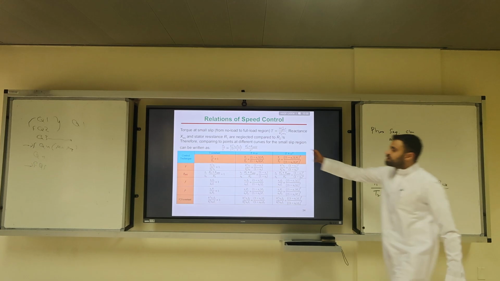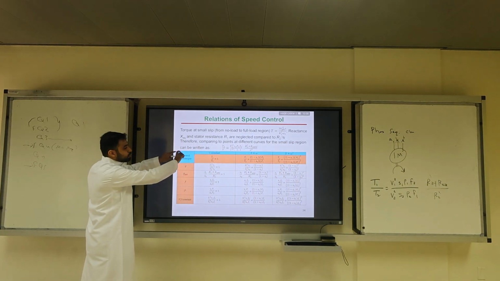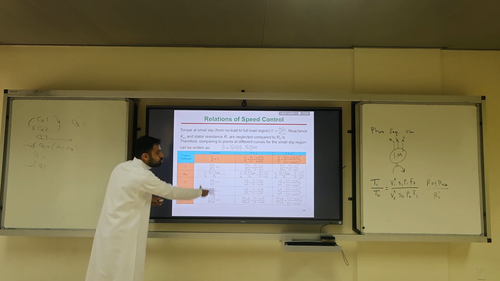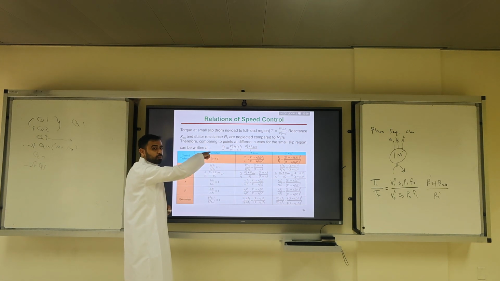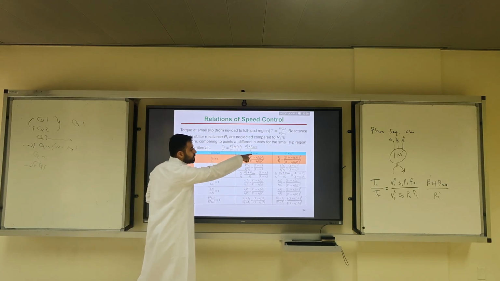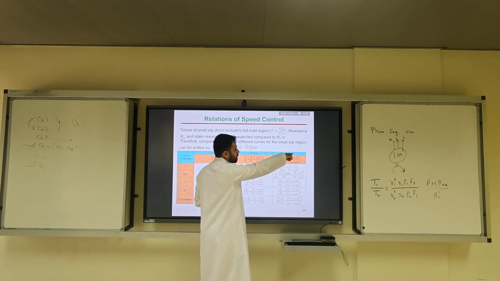So we're comparing these ratios at column 1, column 2, column 3. What does it say in column 1? Constant torque, linear with speed torque, quadratic relationship with the speed.